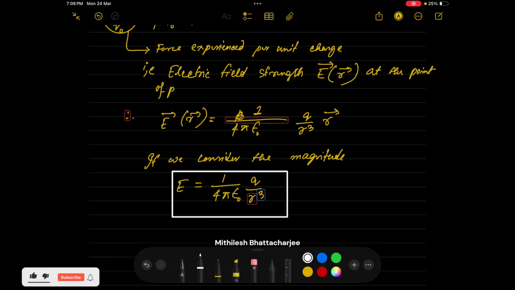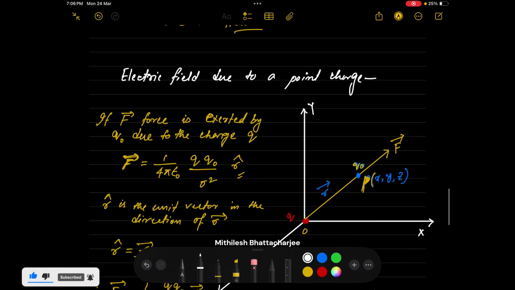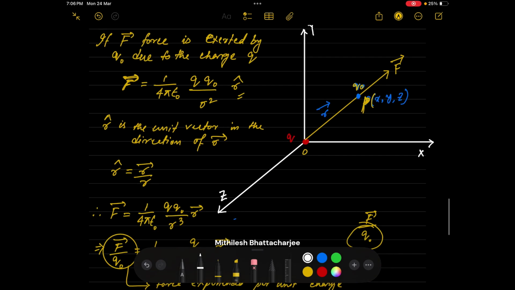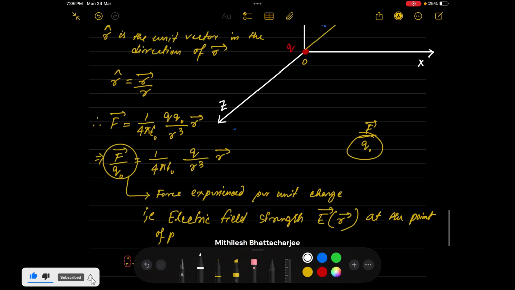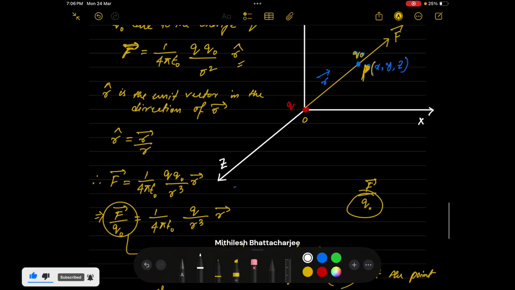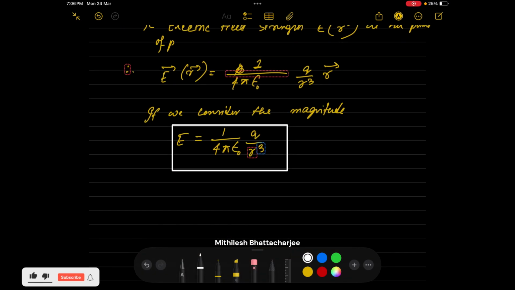So this is the expression of the electric field due to a point charge. This is not tough. This is the point charge Q. For this point charge Q, the test charge Q naught will experience the force of 1 by 4 pi epsilon naught Q by r square.